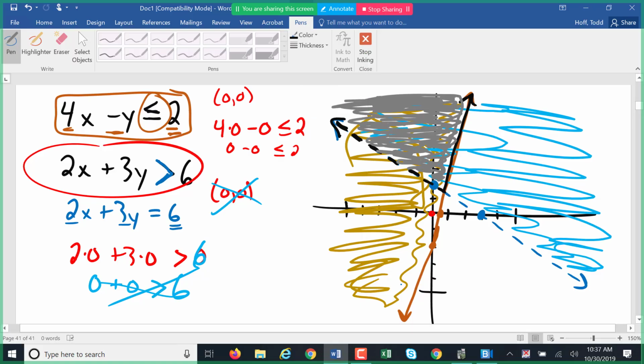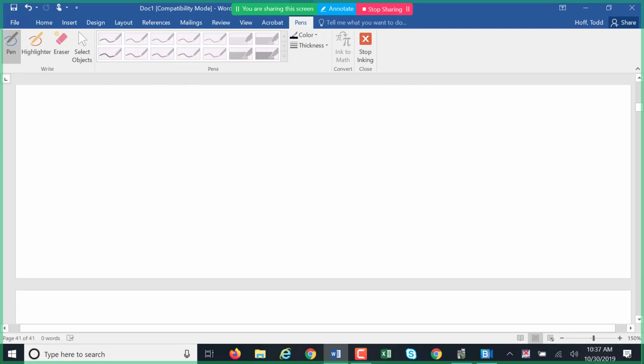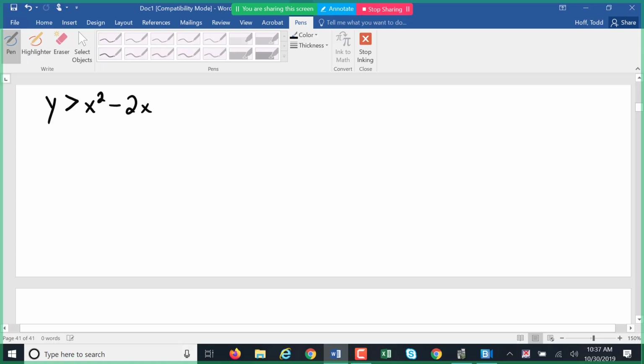Our inequalities do not have to be linear inequalities. We could have y is greater than x squared minus 2x minus 3.